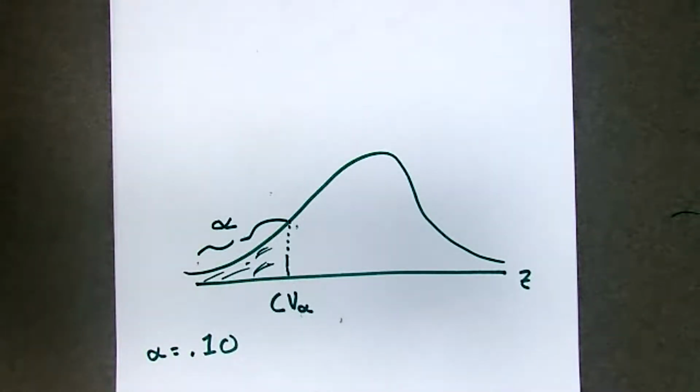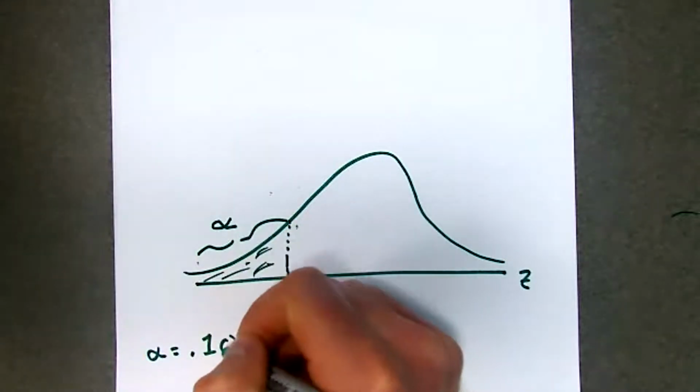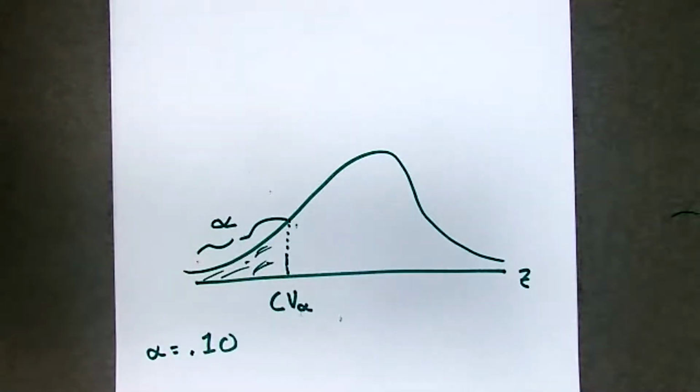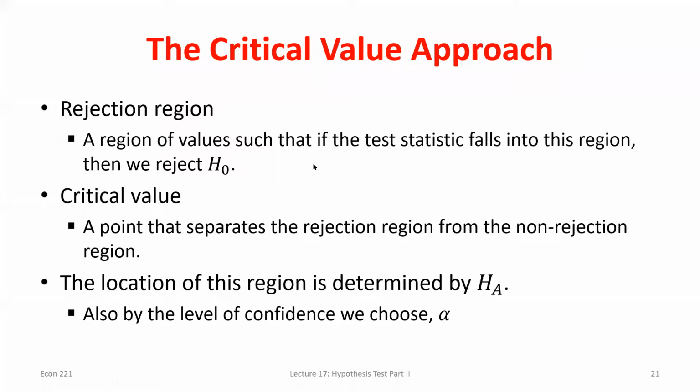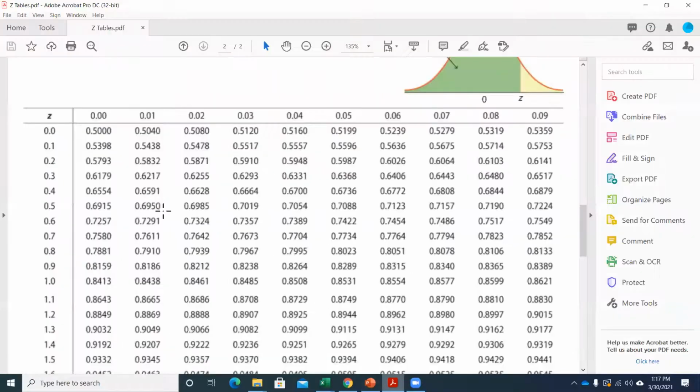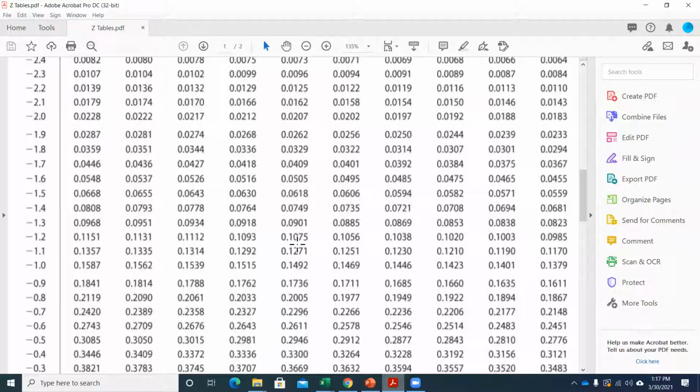It's basically working in reverse, or inverse, right? If the alpha that I want is 0.1, what would I do? I would go to my table and say, I now know the area I want in my tail, so I'm going to scroll and try to find 0.1.